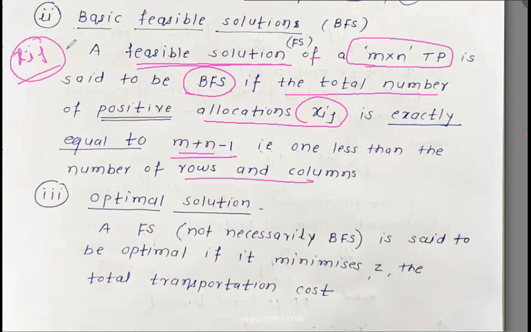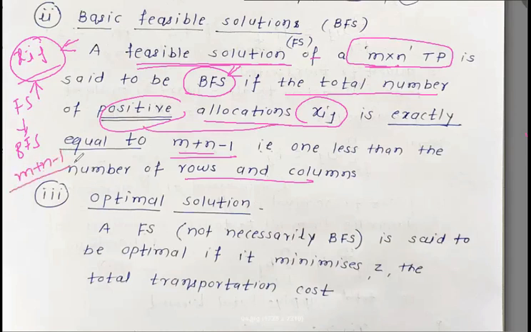Such a feasible solution of an M cross N transportation problem is said to be a basic feasible solution if the total number of positive values of Xij is exactly equal to M plus N minus 1.